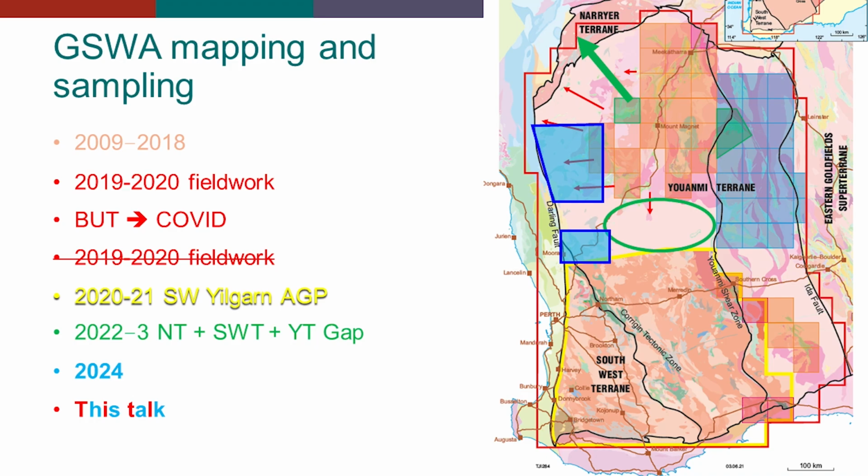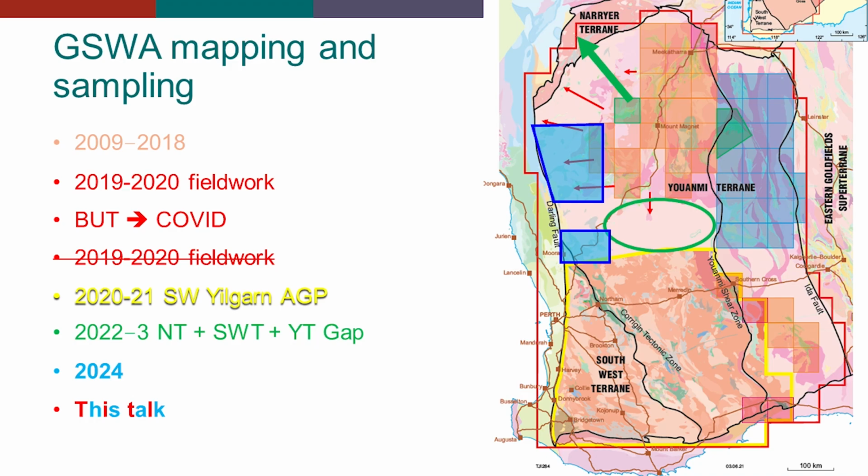However, we had COVID, so that didn't quite go to plan, but the gift we give you is the Southwest Yilgarn AGP instead. But let's go back in there and have a look at what we might be coming to know in the next few years. So we are going back in there, and we're looking also at the Narryer Terrane significantly.